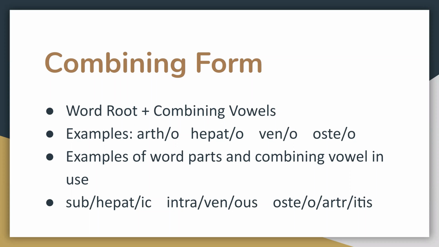You have intravenous, right? Intra is a prefix, os is a suffix, and ven is that word root. And you have osteoarthritis, okay? So you have all of it in this one. So you have oste, which is the word root, o, which is the combining vowel, arth, which is another word root, and itis, which is a suffix.